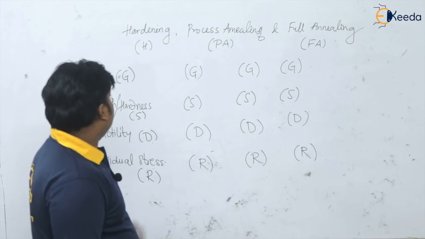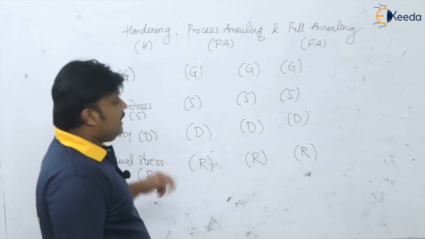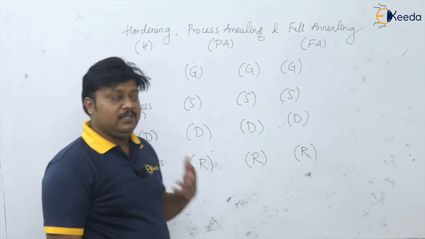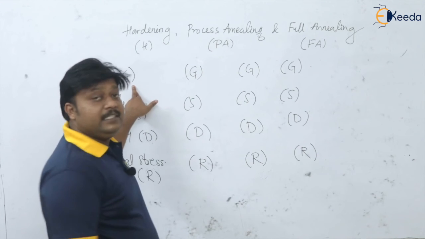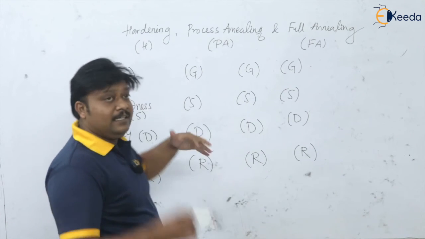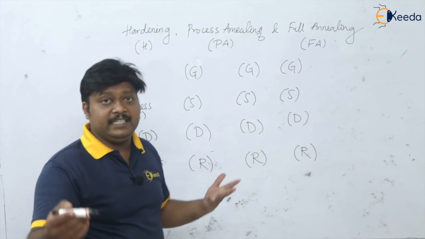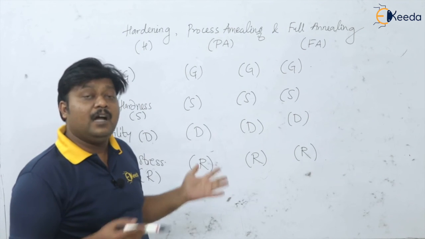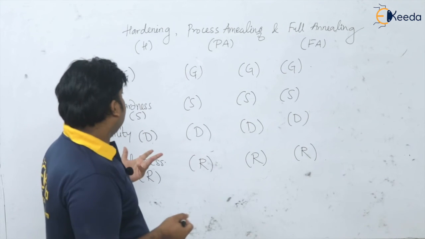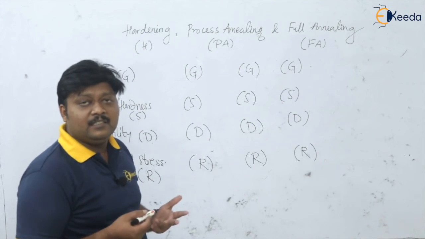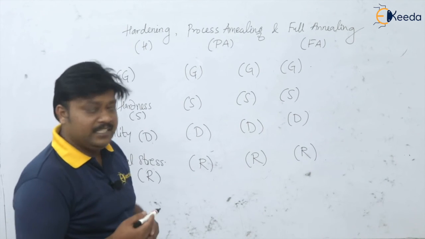Dear students, as we know, we get the largest grain size in full annealing, and a very fine grain structure in the hardening process, where rapid quenching results in martensite.